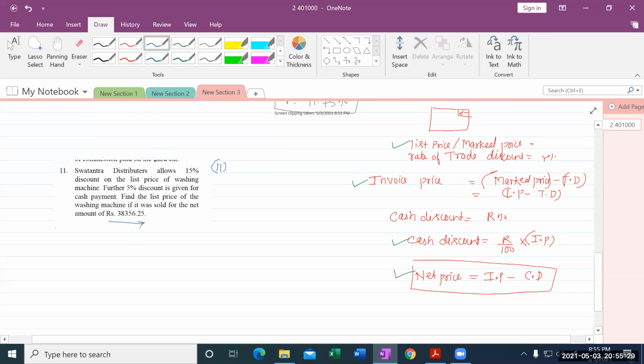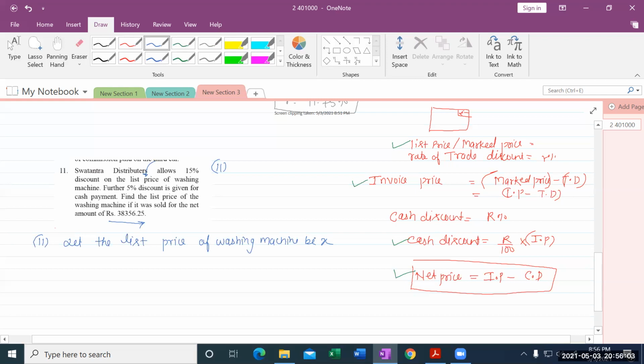We have to find the list price of the washing machine. For that question, we'll start: let the list price of the washing machine be X.